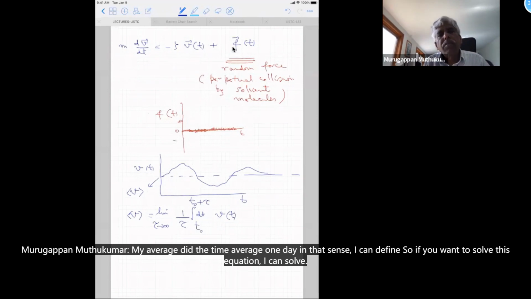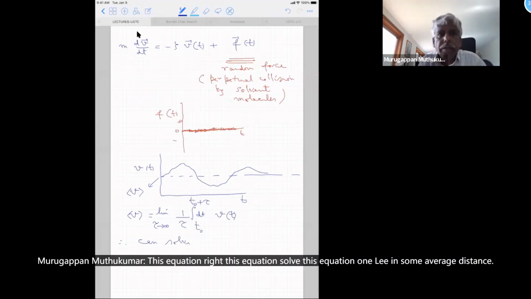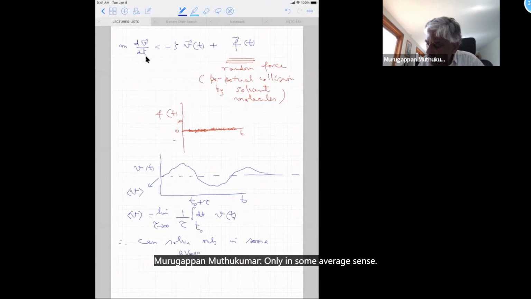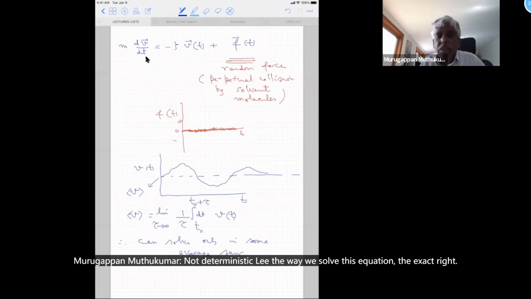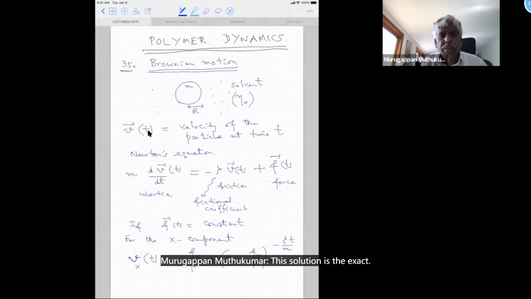So if I want to solve this equation, I can solve it only in some average sense. Not deterministically. The way we solved the earlier equation is exact, deterministic.